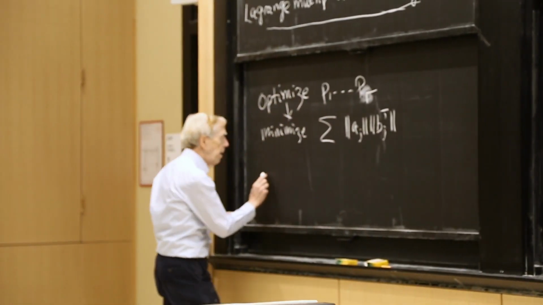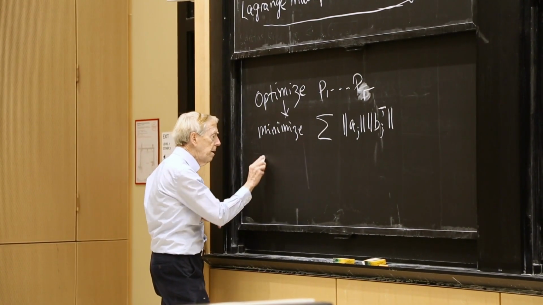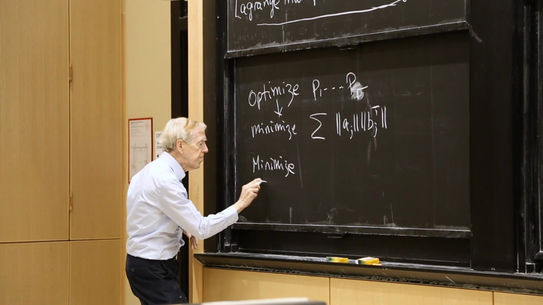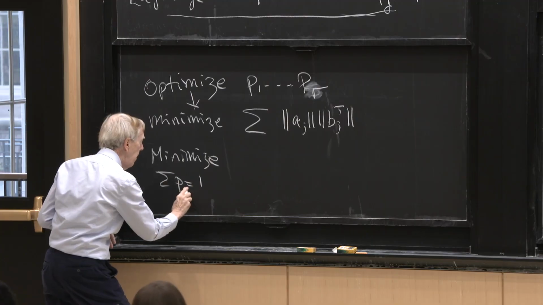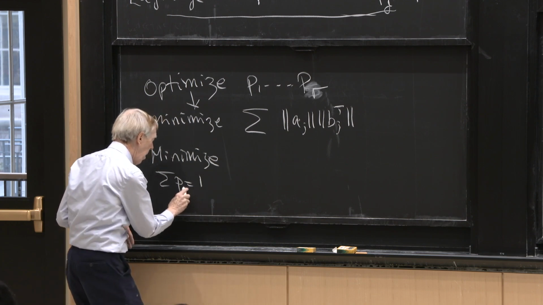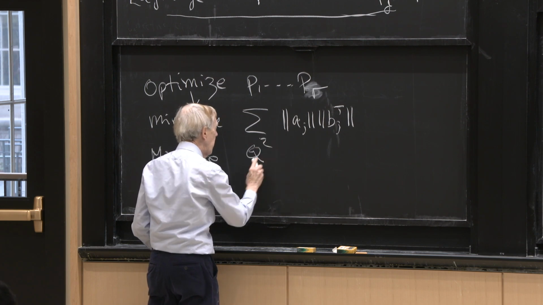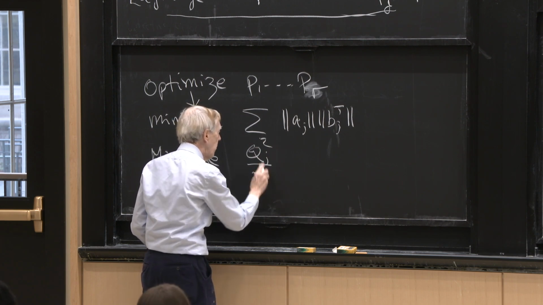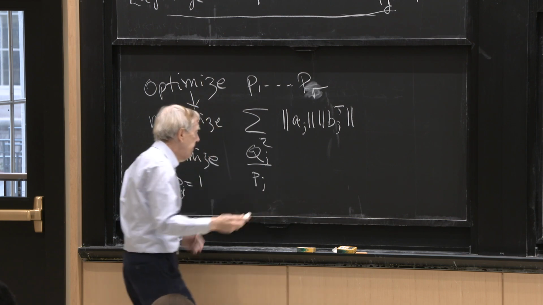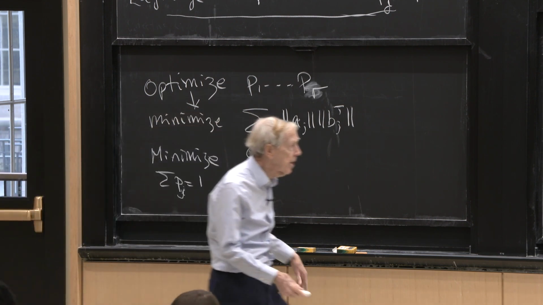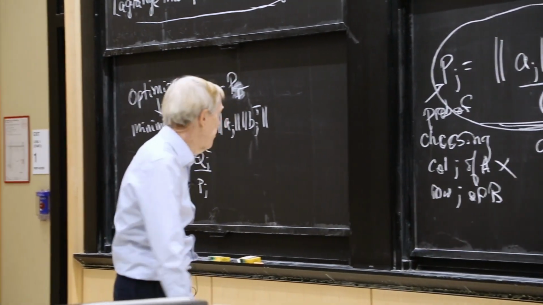Let me write the problem simpler. Minimize, with the sum of the p's equal 1, some quantity q squared over qj over pj. These qj's that I just introduced that letter for are the aj, bj's.